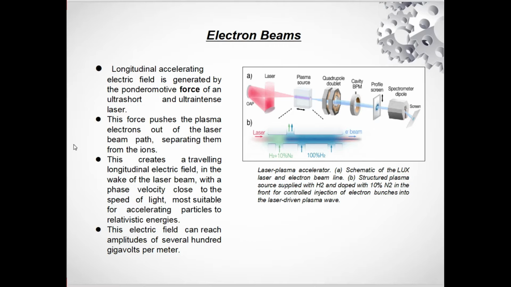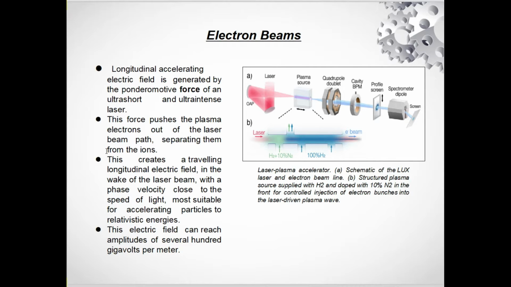Here, the longitudinal accelerating electric field is generated by the ponderomotive force of an ultra-short and ultra-intense laser. So this force pushes the plasma electrons out of the laser beam path, separating them from the ions.